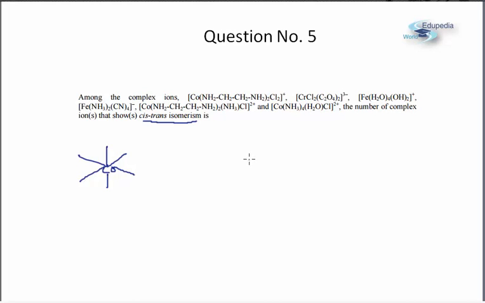If there are two chlorines, in an octahedral geometry they can very obviously be either trans or cis with respect to one another. So obviously this particular complex can show cis-trans isomerism.